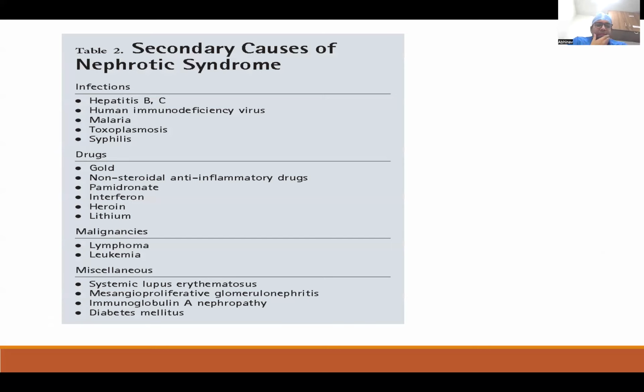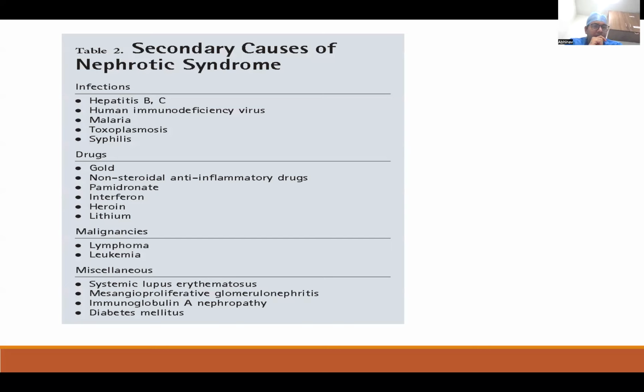So you have to remember these secondary infections. I told you: Hep B, C, HIV, malaria, toxoplasmosis, syphilis. And if someone asks you which is the most common infection causing nephrotic syndrome, if the option is malaria, I think you have to choose malaria.